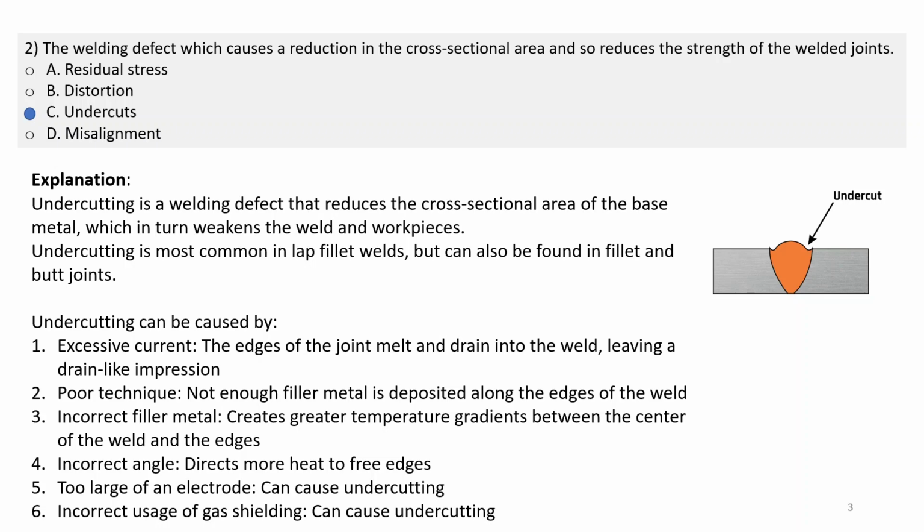Fourth is incorrect angle, which directs more heat to the free edges, or too large of an electrode which can cause undercutting, or incorrect usage of gas shielding, which can also cause undercutting. Okay, so these are the various reasons.